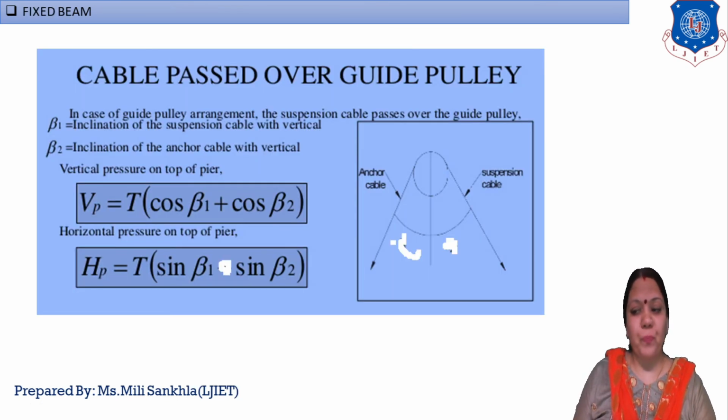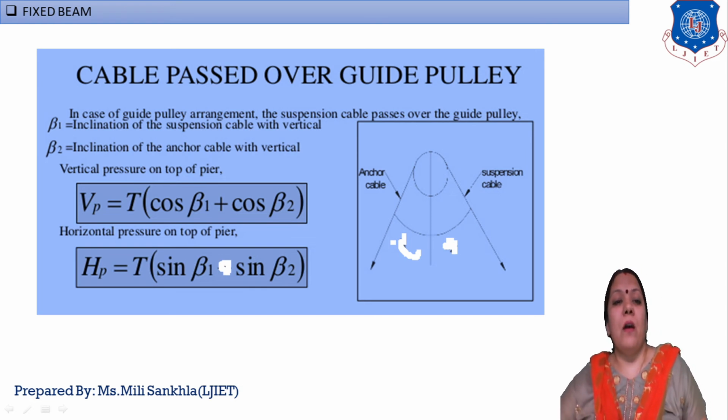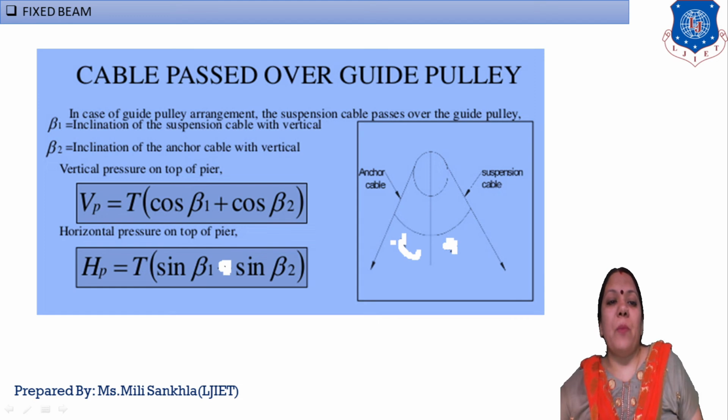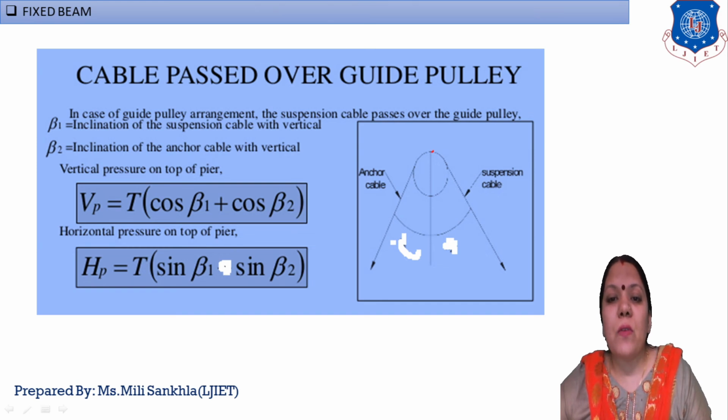This is the mechanism of load transfer in a suspension bridge. Okay. Now first the cable passes over our guided pulley. Here we find the equation for the guided pulley. In the case of the guided pulley arrangement, the suspension cable passes over the guided pulley. This middle portion is our guided pulley.